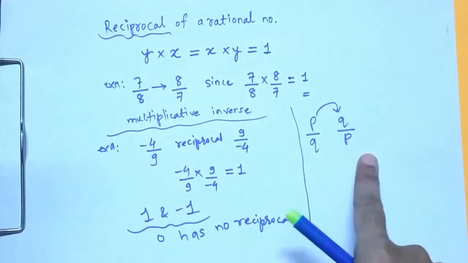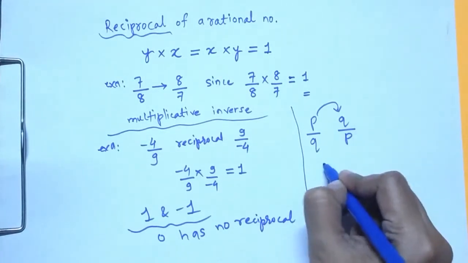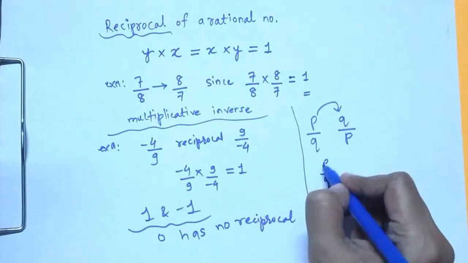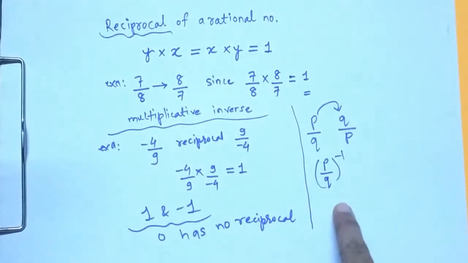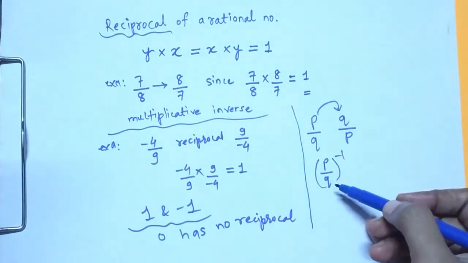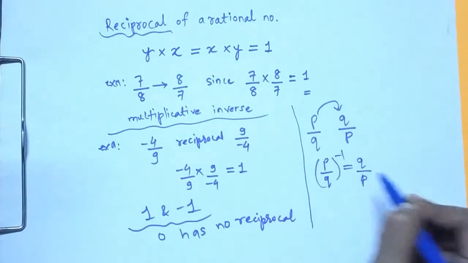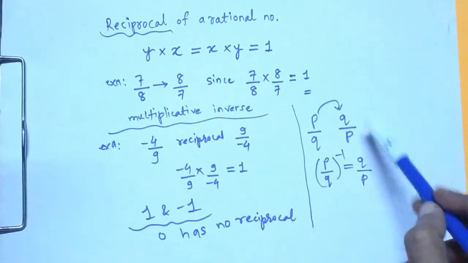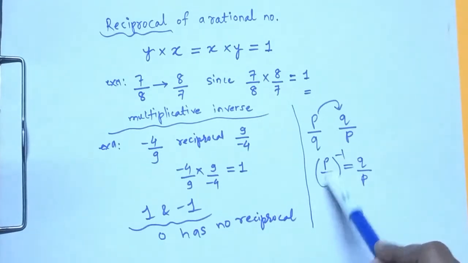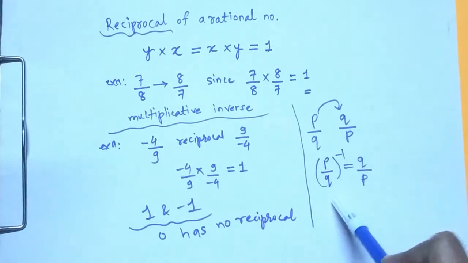The reciprocal of p by q is q by p, and this q by p you can write as p by q to the power minus 1, which is nothing but q by p. So for any rational number p by q, its reciprocal is q by p, and q by p we can represent as p by q to the power minus 1.